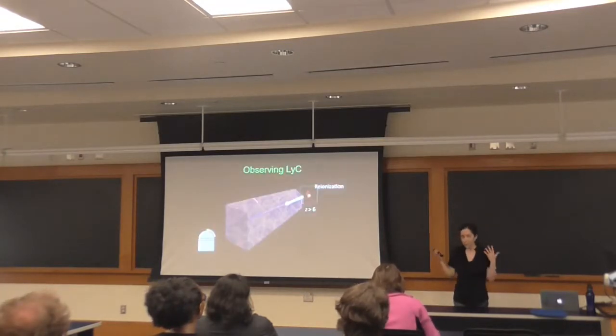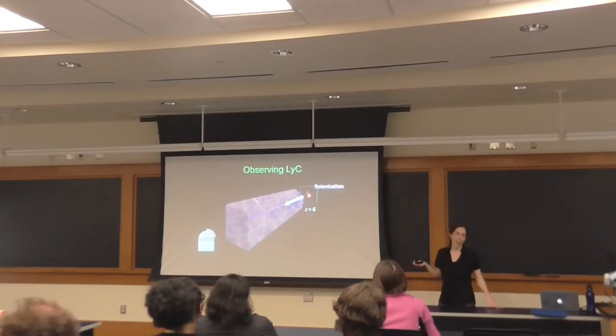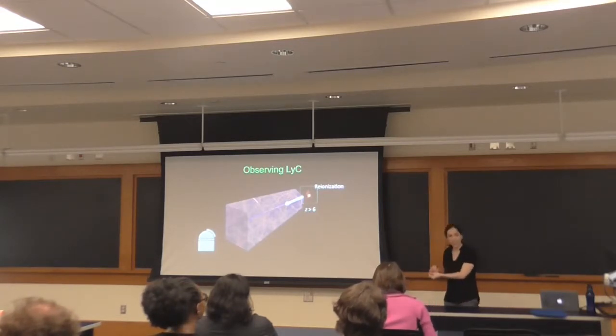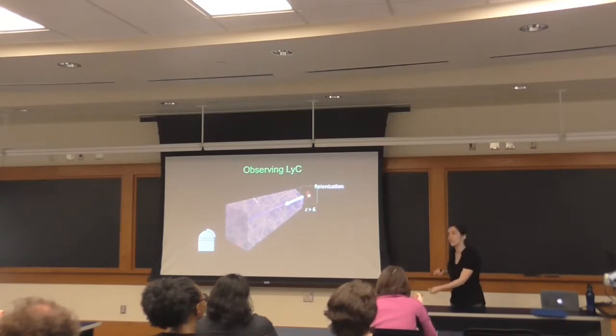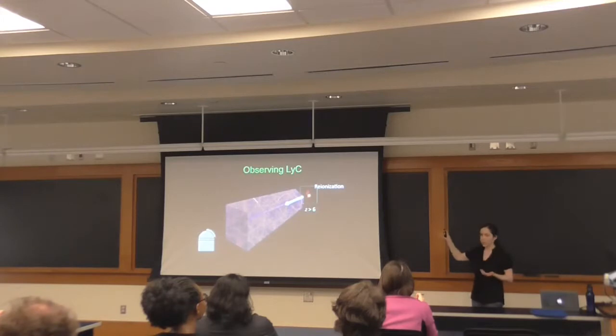And the reason that all of this has been so uncertain is that until very recently, we really didn't have any galaxies, or not very many, that we could actually pinpoint and identify as Lyman continuum emitting galaxies and understand their properties. So ideally, you'd want to observe Lyman continuum photons at reionization itself.